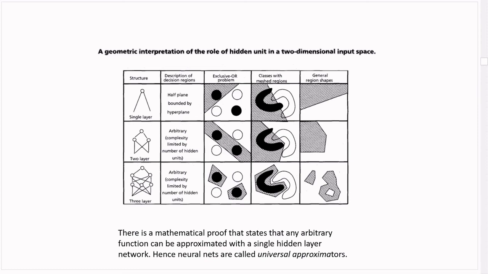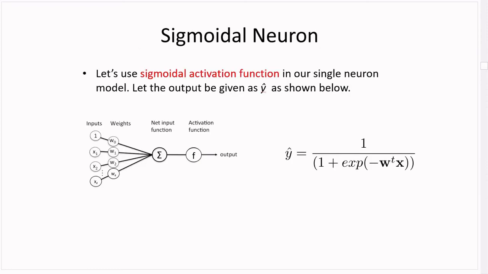So before moving on, let's go back to what we call as a sigmoidal neuron. The reason we want to talk about sigmoidal neuron is that if you are going to arrange multiple layers of networks, perceptron model where the activation function is a threshold or a step function kind of nonlinearity is not going to work.